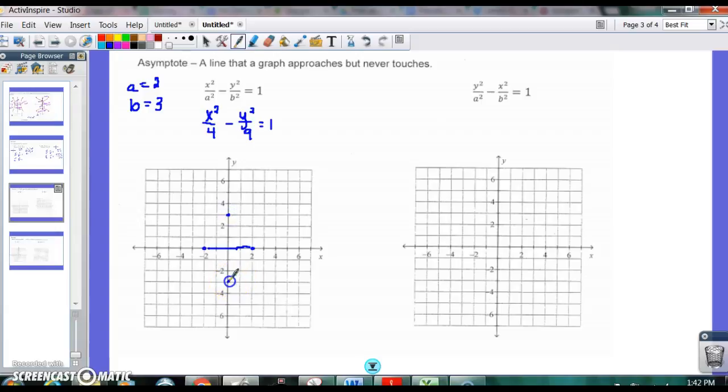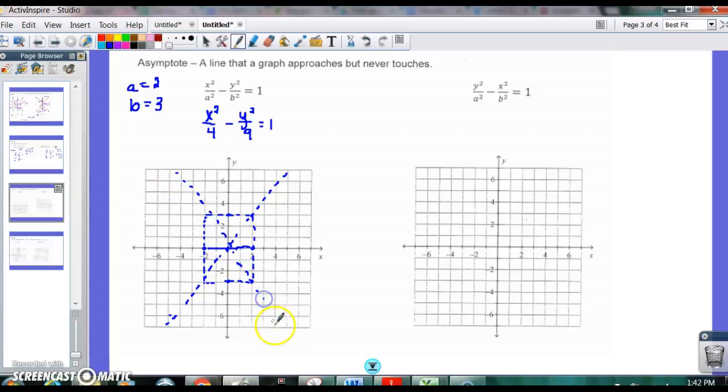And so I'm going to go 3 from my center in either direction along that other axis there. What that allows is for us to create a box or a rectangle. And once we have that rectangle, if I draw in the diagonals of that rectangle, those then create my asymptotes.